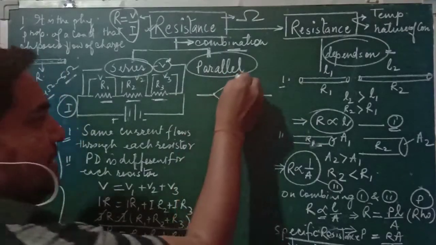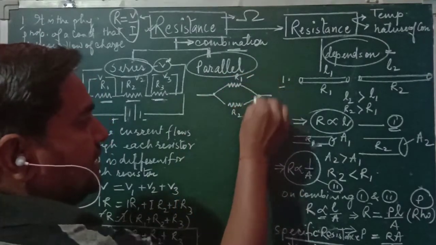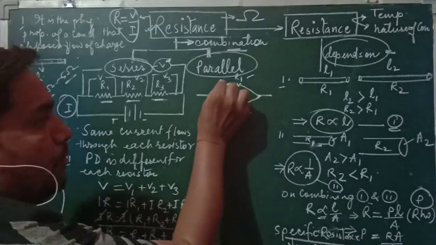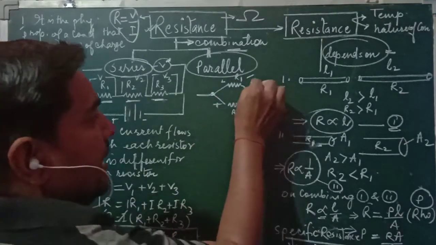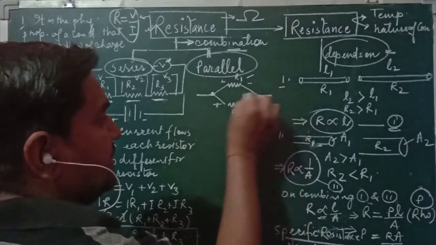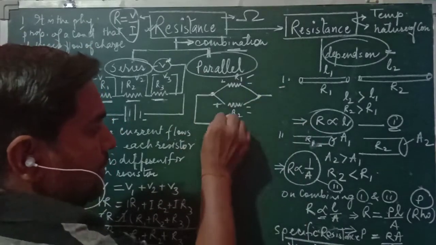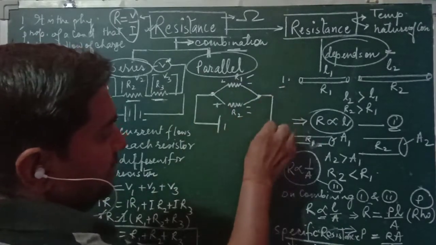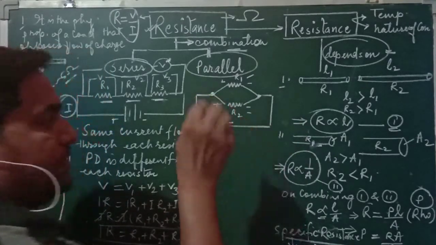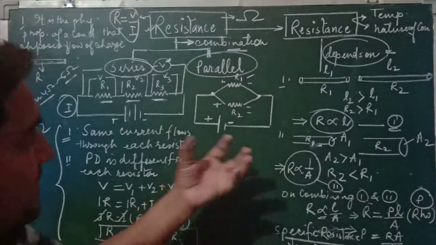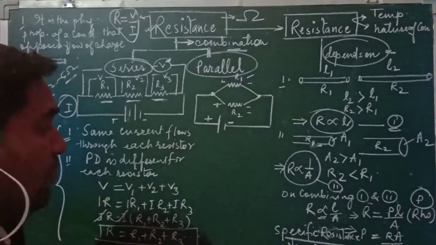Okay, next is the parallel combination. Here R1 and R2 are connected so that all positive terminals are connected to the positive terminal of the battery and all negative terminals are connected to the negative terminal of the battery. So this is the best combination. Why?